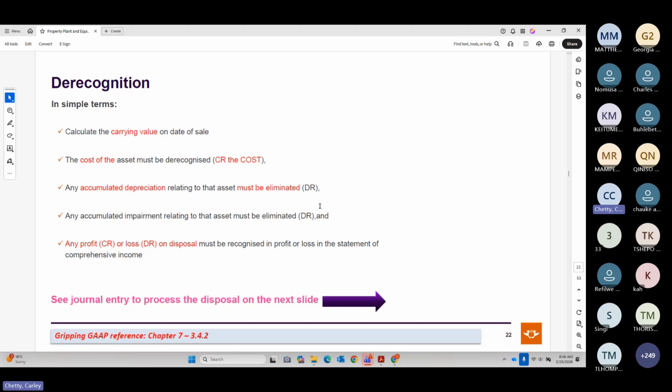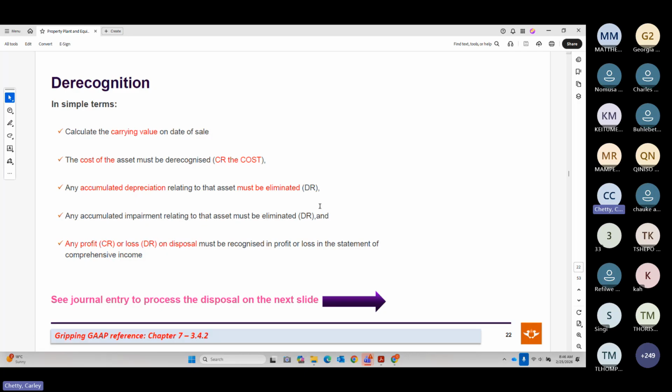Any accumulated depreciation relating to the asset must be eliminated. So previously, we would have credited the accumulated depreciation accounts. Now we're going to eliminate the accumulated depreciation by debiting the account. And it's the same with the impairment.